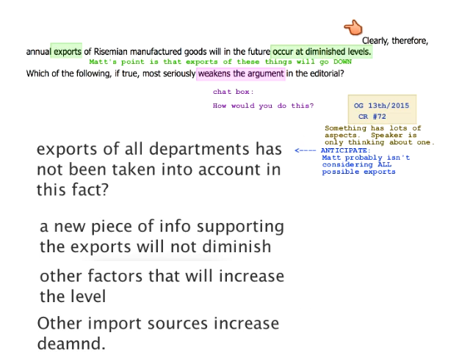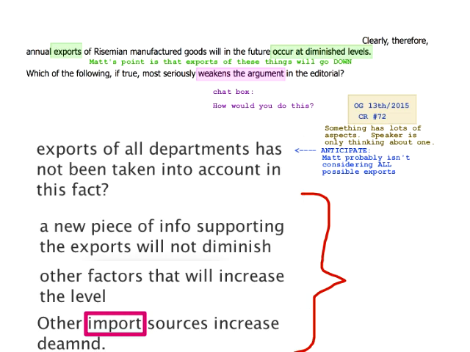Because whatever exports Matt is thinking about probably will go down. But then you need to be thinking about other exports. So this is what you should anticipate. There's going to be some other sorts of exports. By the way, when you wrote import, Amy, I think you mean export, right?